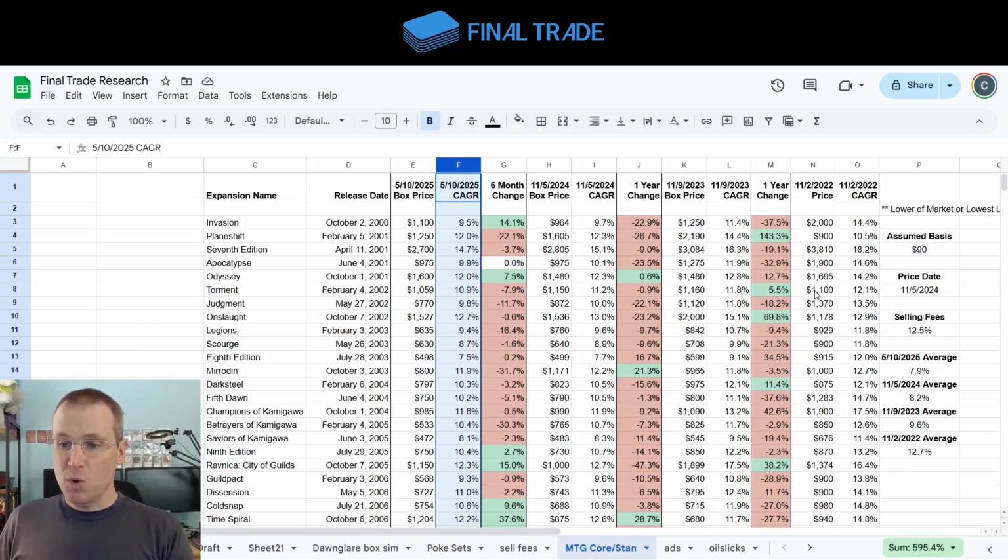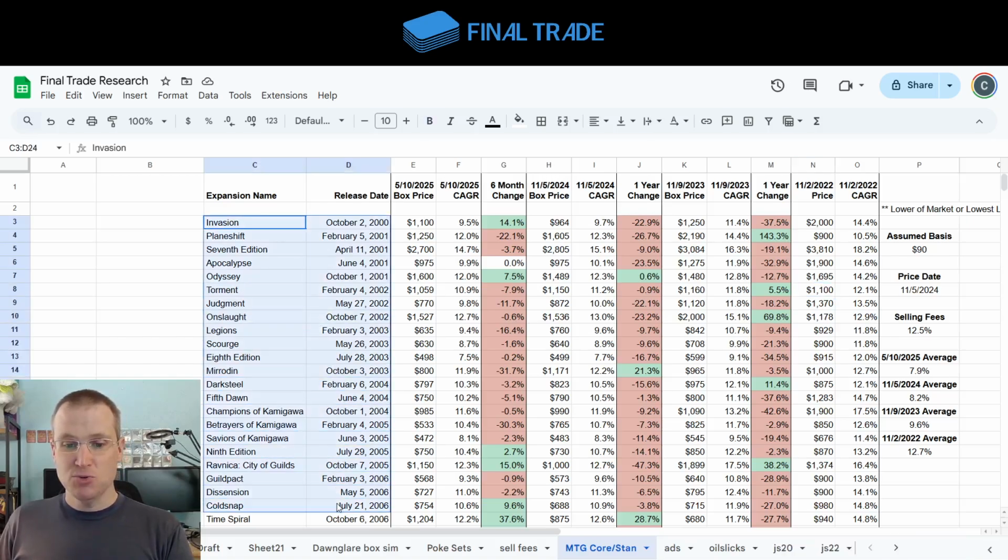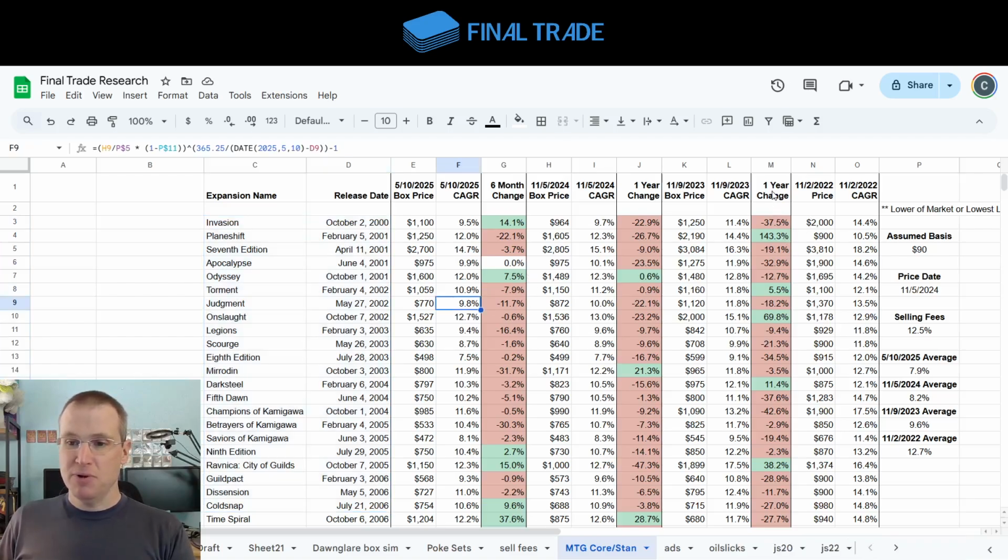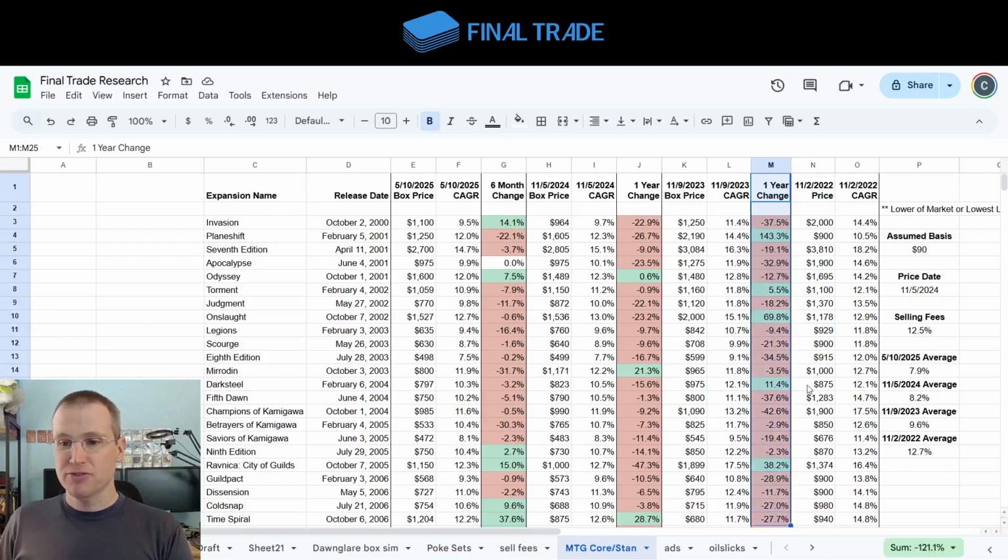And so what we see for a lot of these early Magic boxes going back to 2010 to the mid 2000s decade is they've been on the downslope for a long time. And you can see that when we computed the 1 year difference from 2022 to 2023, a lot of them were down in the 20% range.